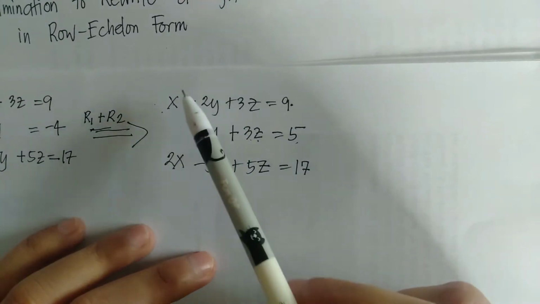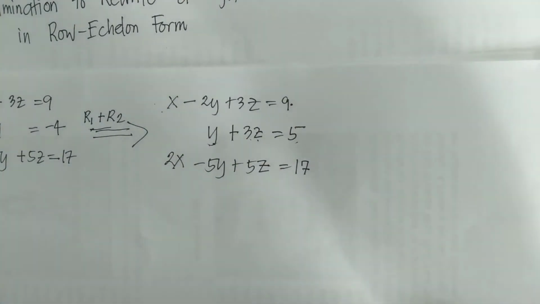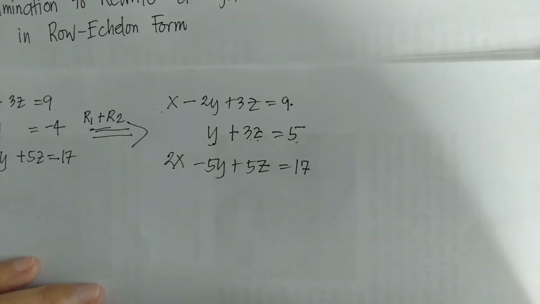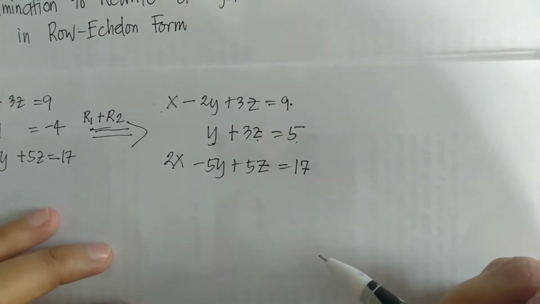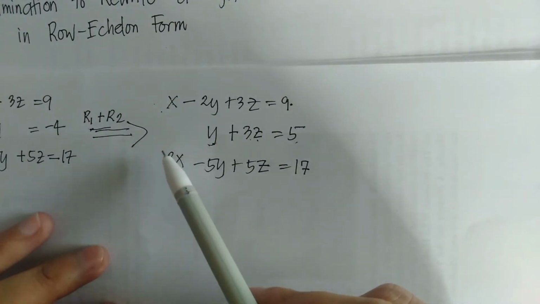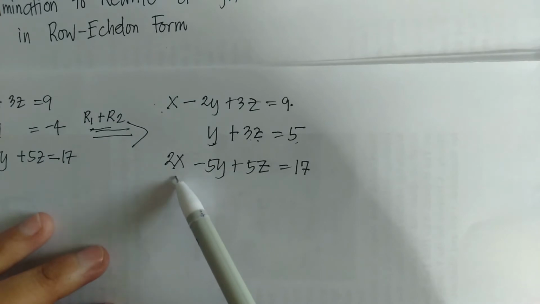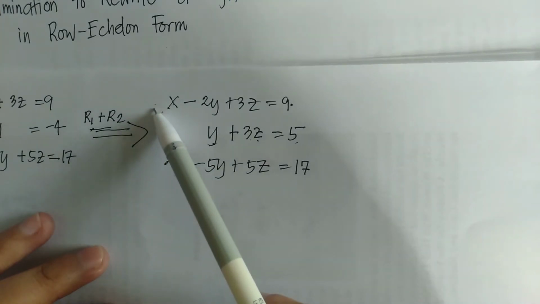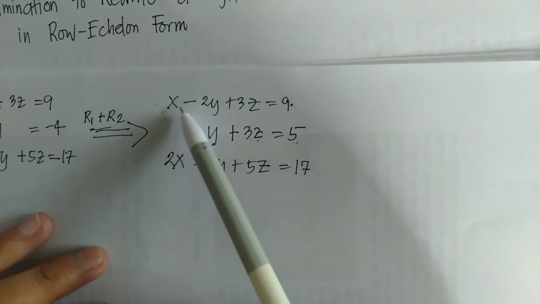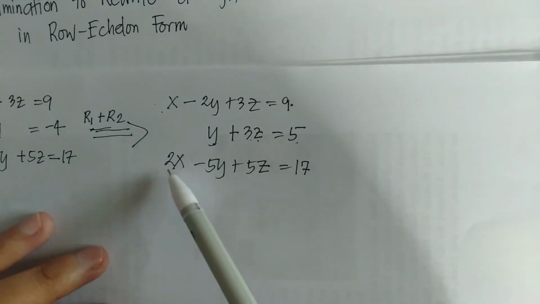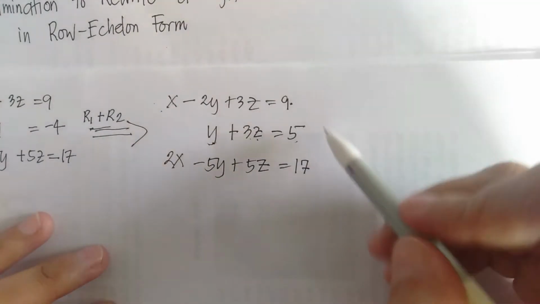Again, we will find another equation so that we can eliminate one of its variables. Obviously we can use R1 and R3. We need to multiply R1 by negative 2 to eliminate the 2x in R3.